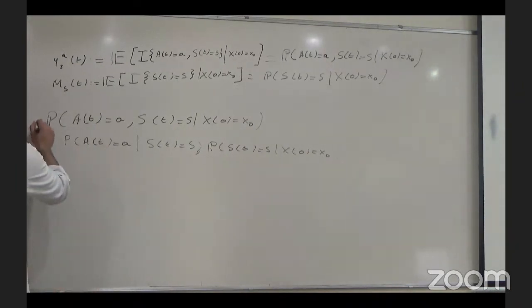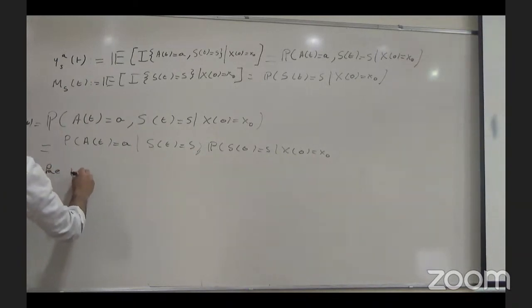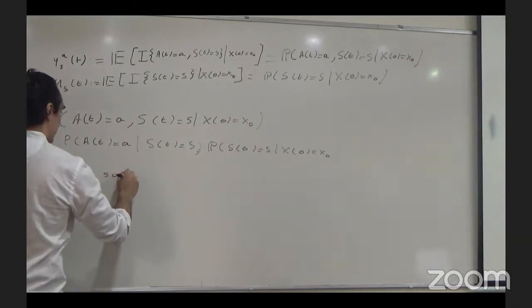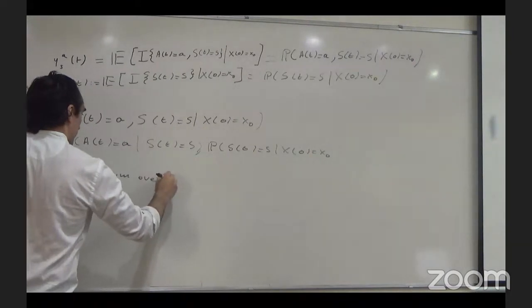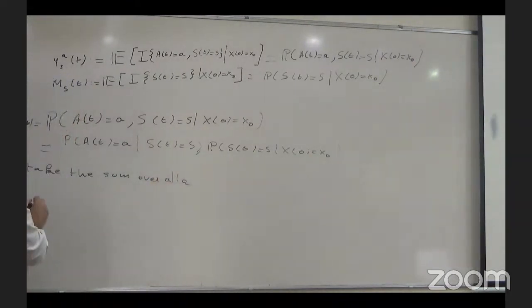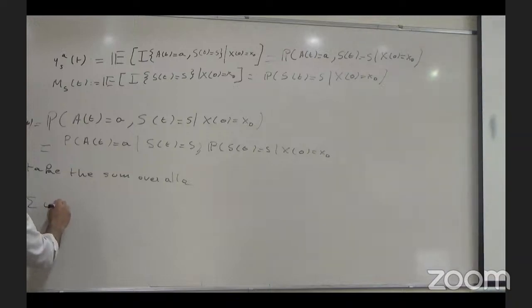So let's call this, as I say, ASA of T. Then if I take the sum, what's happening is the summation of AS of T over the A is equal to, I'm just taking a summation over the A there.